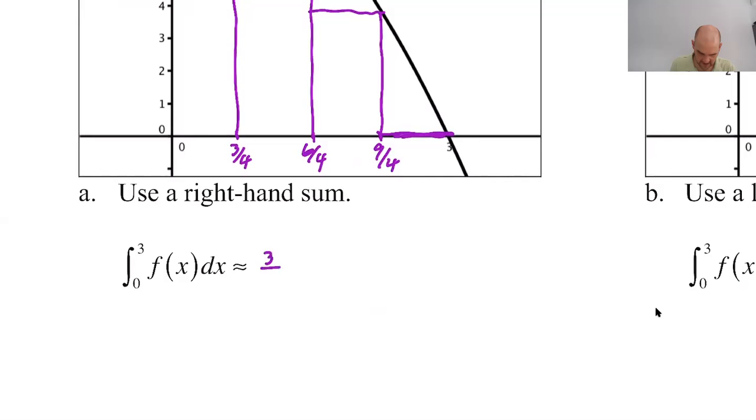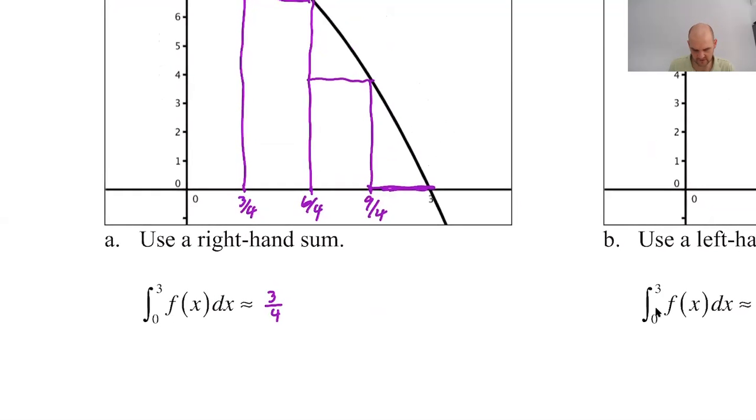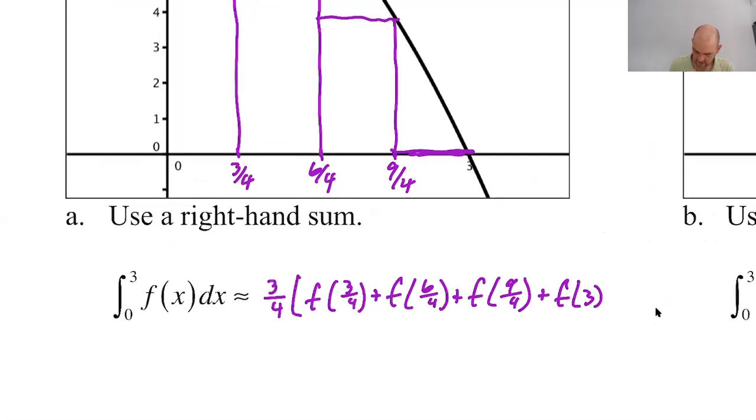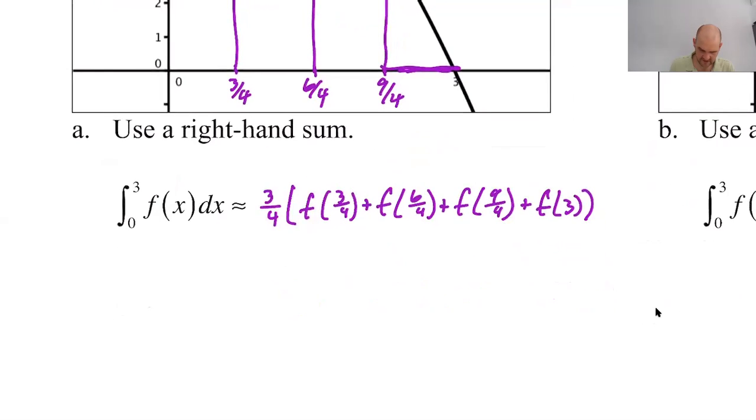Each of them has a base of 3 divided by 4, because it's 0 to 3 and we're doing 4 equal pieces. So it's 3/4 times f of 3/4, f of 6/4, f of 9/4, and then f of 12/4 or 3. Let's punch that in on the calculator.